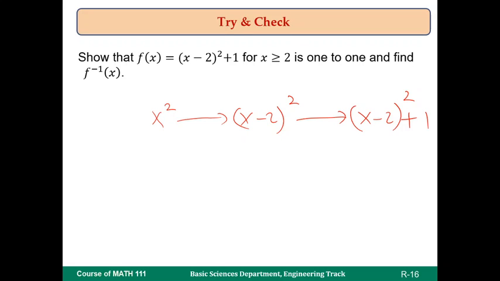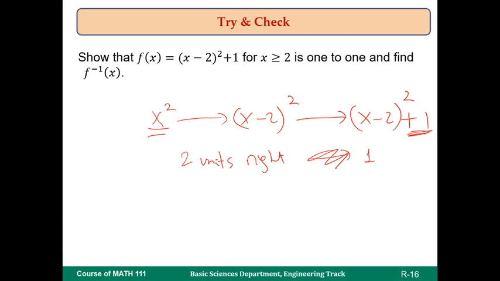If you remember the transformations, the vertical shift and horizontal shift, you will see we are shifting the graph of x squared 2 units right, and then 1 unit up.